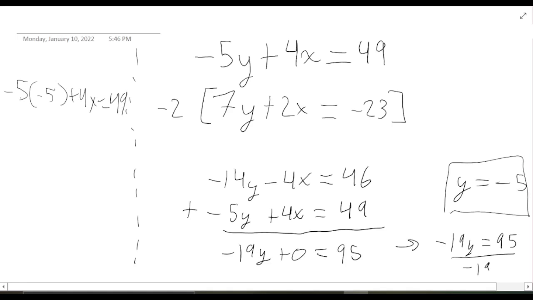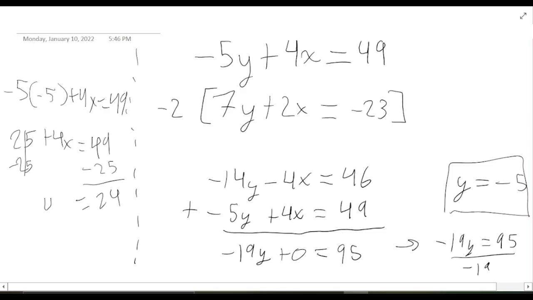Great. So we can do negative 5 times negative 5, which will give us positive 25, plus 4x equals 49. And from here, we can subtract 25 on both sides. And that will give us 24.